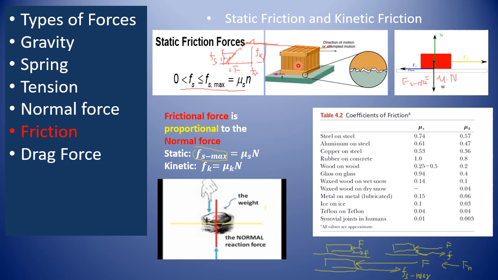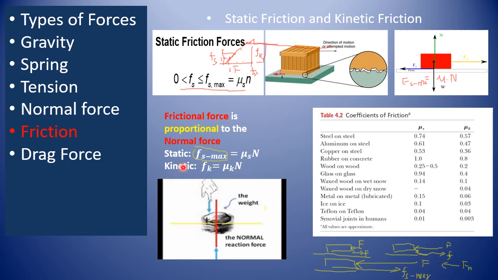Then the object will start to slide. If you continue to apply the force, the object will start moving and accelerating, and there is still friction, but that friction is called kinetic friction, which is basically independent of the force applied.